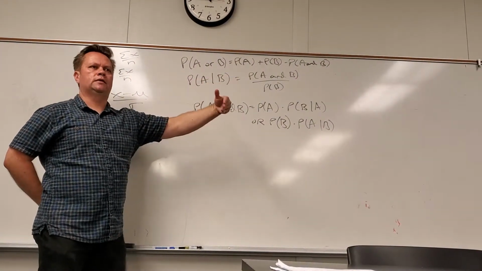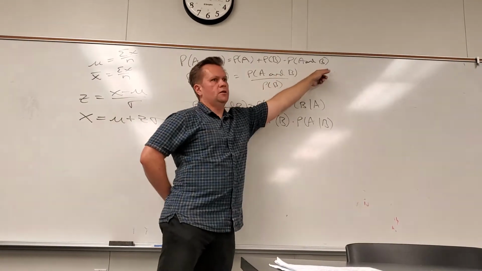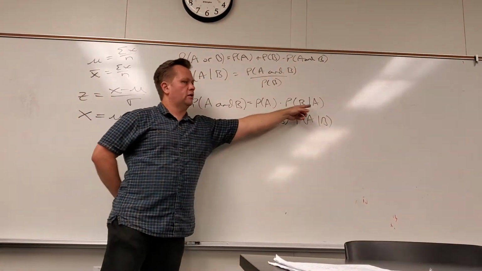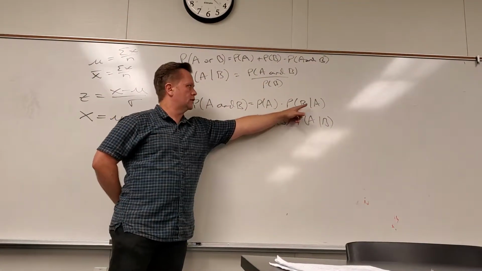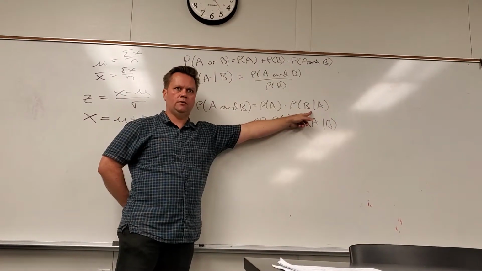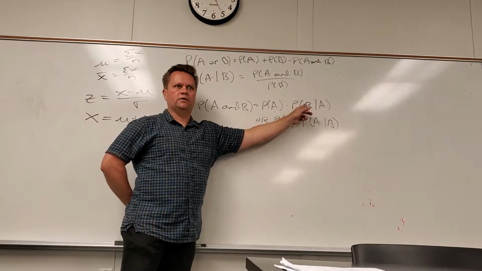Why do I say basically? Because you're going to have this adjustment. And AND is basically multiply. Why do I say basically? Because this might be different from the probability of B. Right? A might affect B.